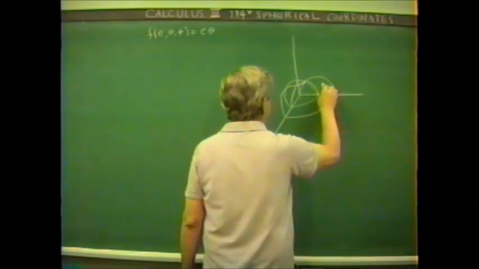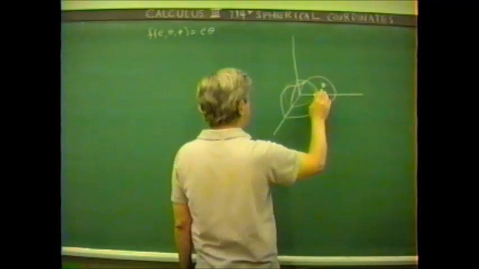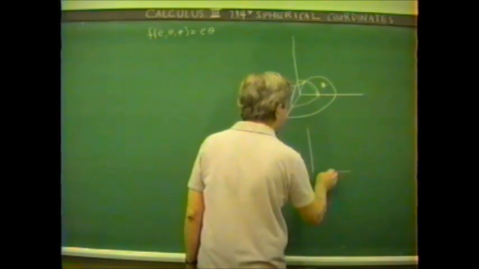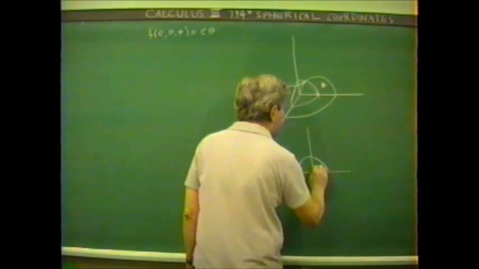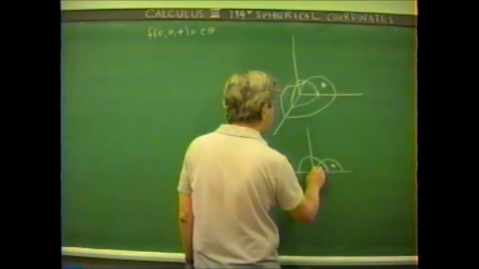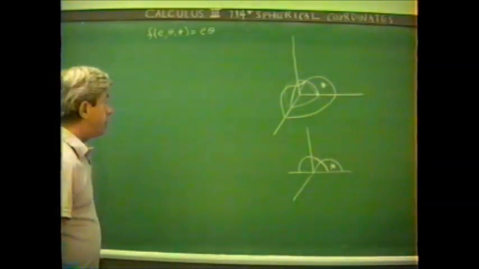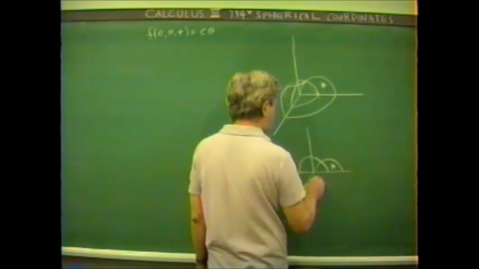These points right here are part of the region, and it looks something like this. So basically what we've done here is we've taken a circle, radius 1, taken another circle of radius 1, and we've rotated this about the z-axis.